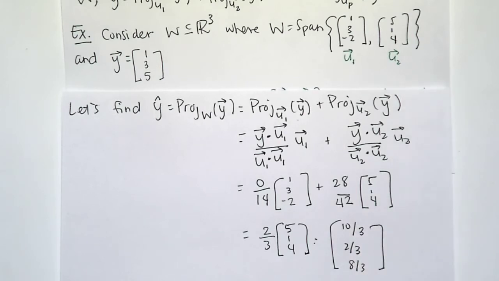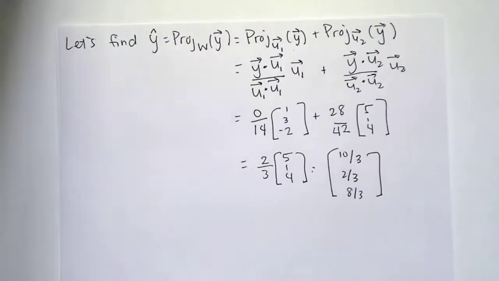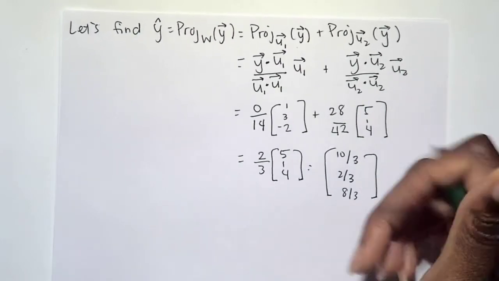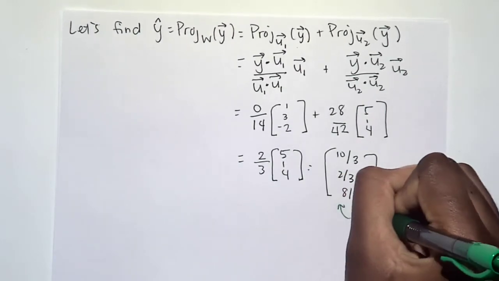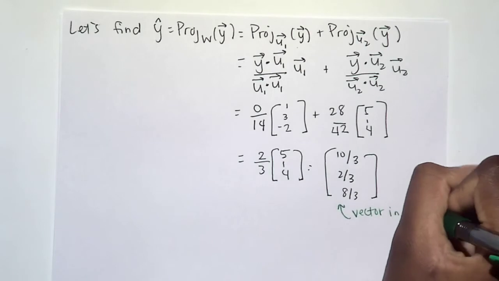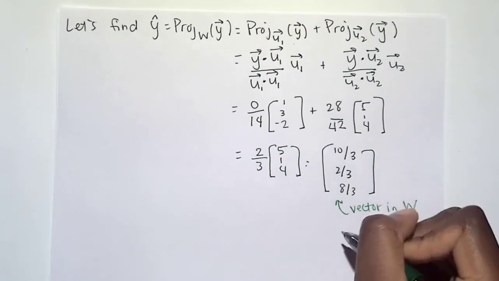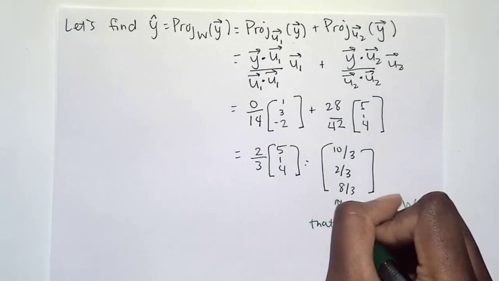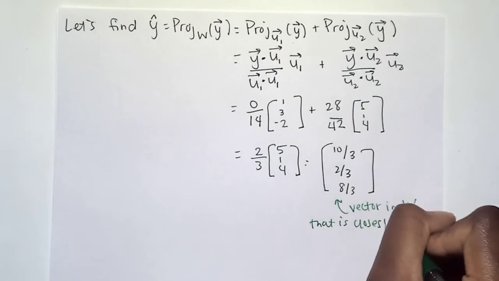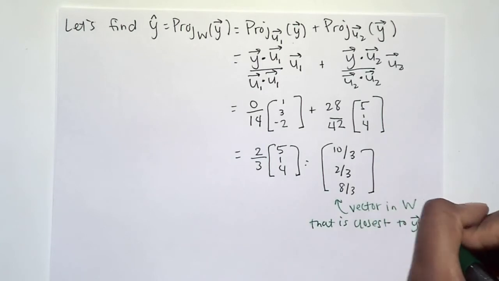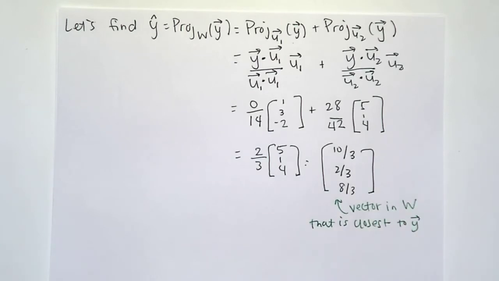This vector is in W, and it's the projection of Y onto our subspace W. That is the vector in W closest to our original vector Y, which is not in W.